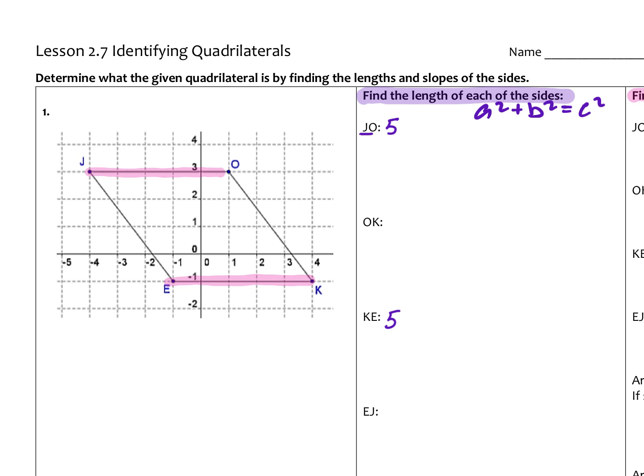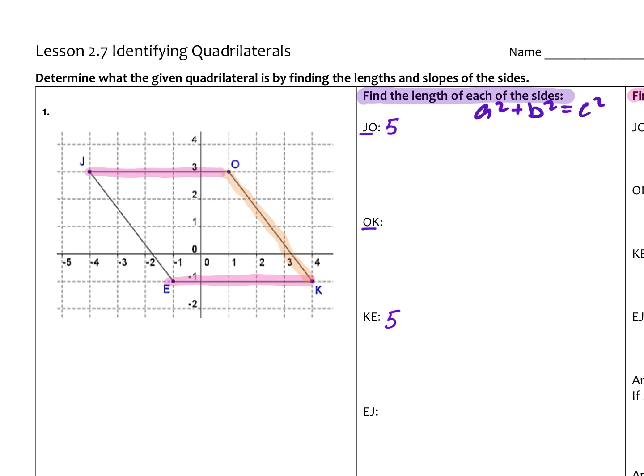Okay, so now I need to find OK. So how do I find OK? How do I find the length of a line? Remember, I'm going to use a squared plus b squared equals c squared.